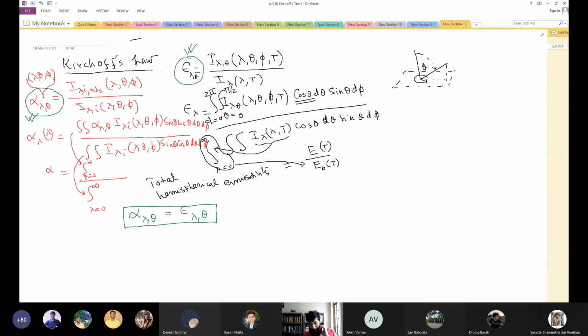But this is too restrictive for us, because we do not use alpha and epsilon as a function of lambda or theta. In the previous example that we solved, you remember that we didn't give you epsilon lambda theta. All we gave is epsilon.